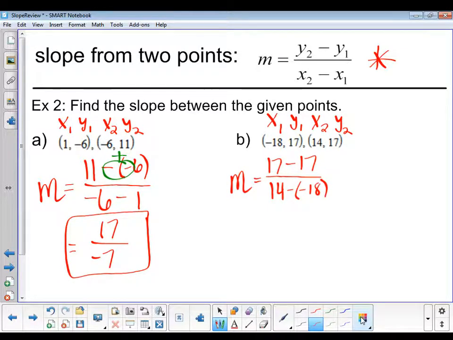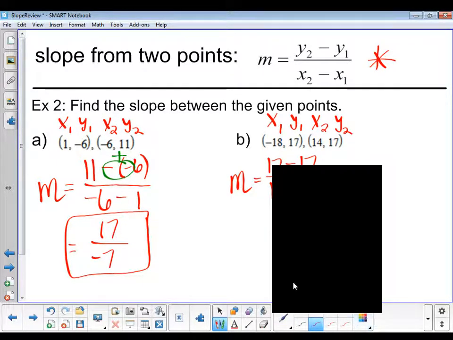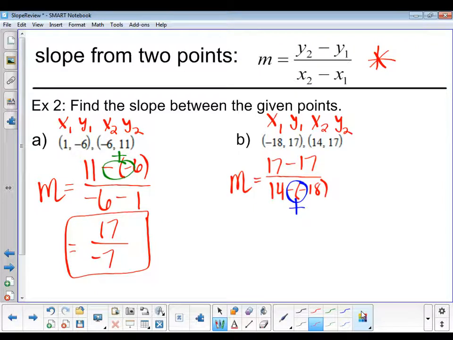So notice I have that minus and negative again. So those are going to change again to an addition sign. So on the top, 17 minus 17 is a 0. On the bottom, 14 plus 18 is going to give us a 32.